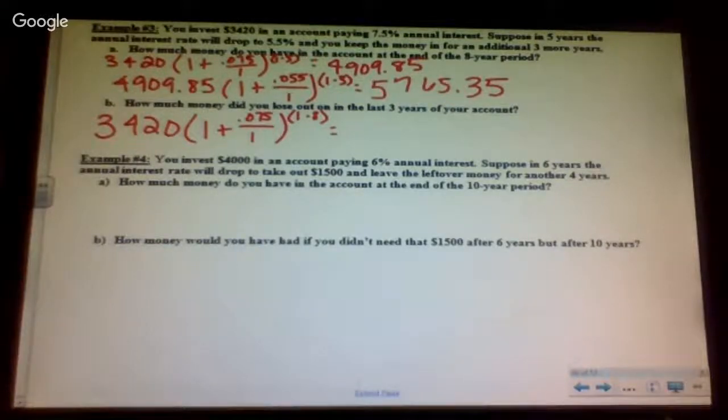So how much money should we have gotten if my rate didn't change after those 5 years? Can I show you a fancy trick too? Go ahead. Okay.